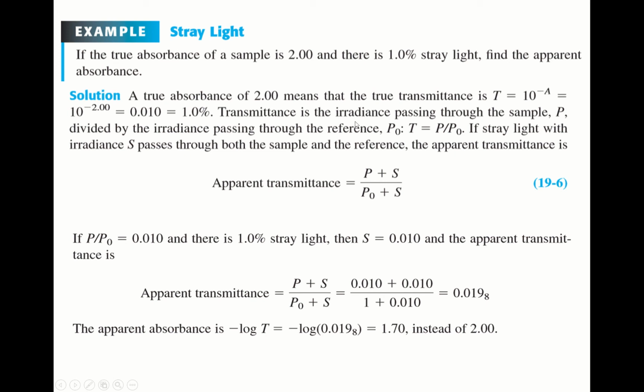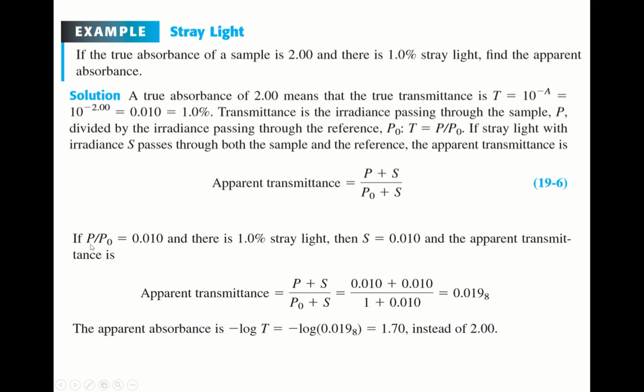Transmittance is the irradiance passing through the sample, P, divided by the irradiance passing through the reference. By definition, T is given by P over P0. If stray light with irradiance S, where S stands for stray light, is present in both P and P0, then the apparent transmittance is given by this one. You have to add the stray light contribution to both sides.